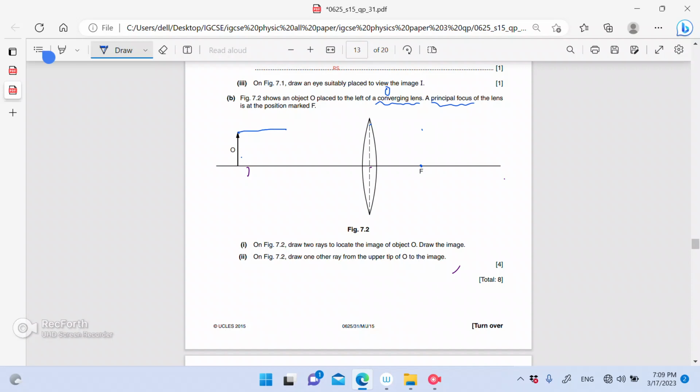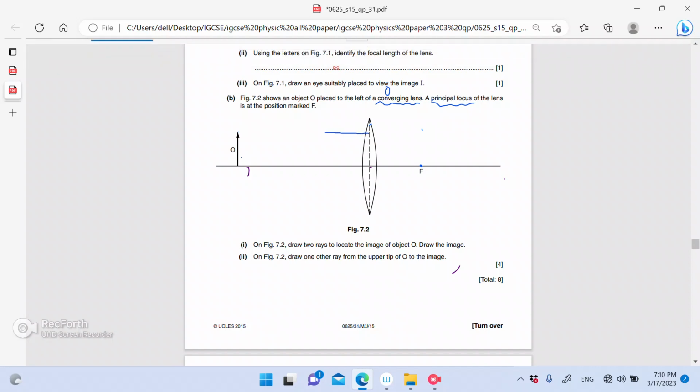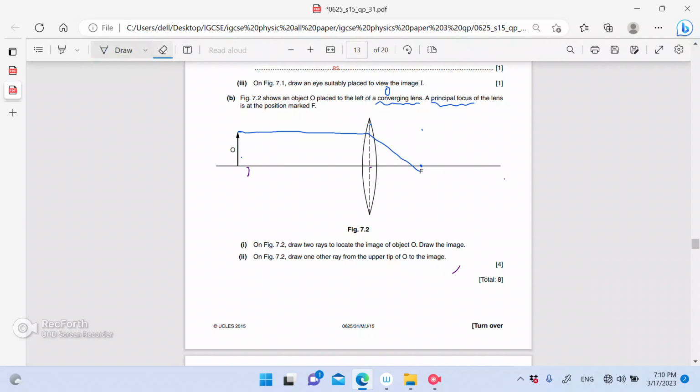Again I'm repeating, when you draw the lens, the first ray will come straight. You must use a scale, use the ruler while drawing. It must cross F1.